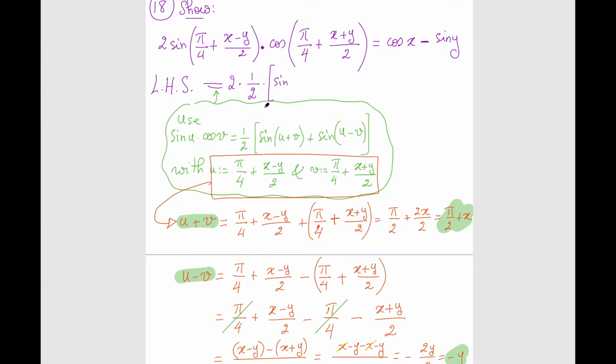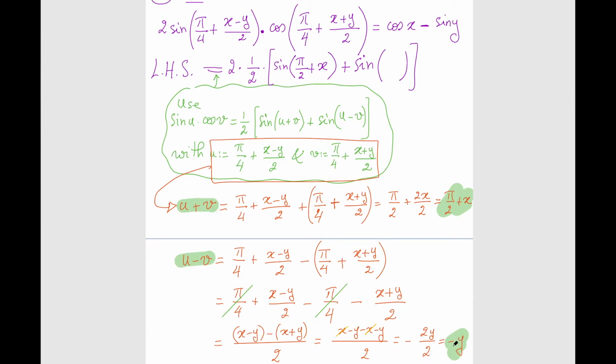So half times the bracket sine of u plus v. And what's u plus v? U plus v is pi over 2 plus x. So this is sine of pi over 2 plus x, and plus sine of u minus v. And what's u minus v? U minus v is negative y, agree? We did the computation. So negative y.